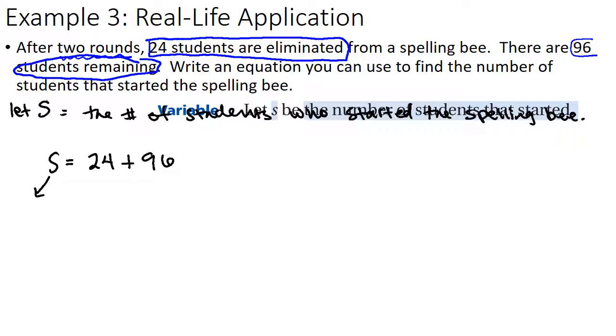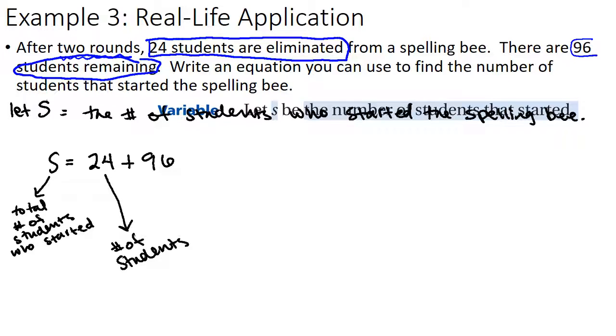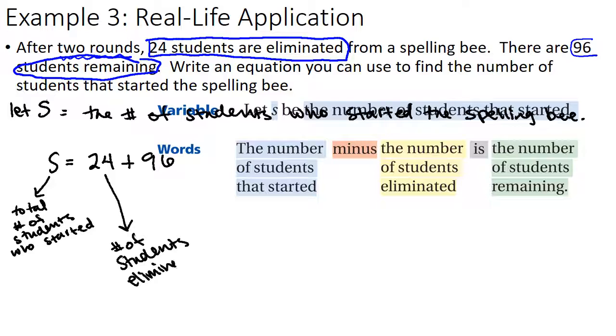So we're saying that the total number of students who started should be equal to the number of students eliminated plus the number of students remaining. And that is one way that we can set that up.